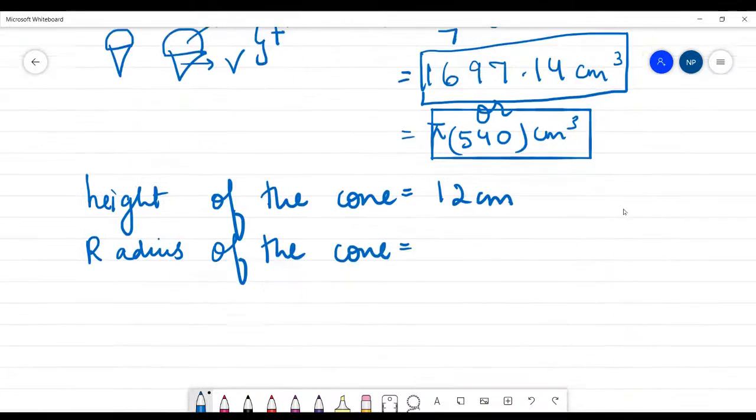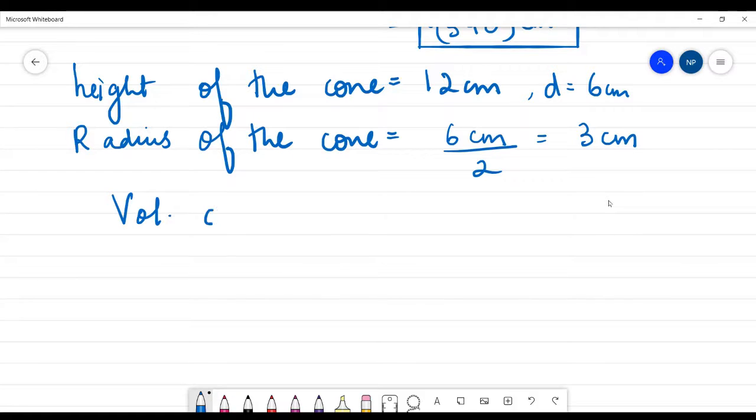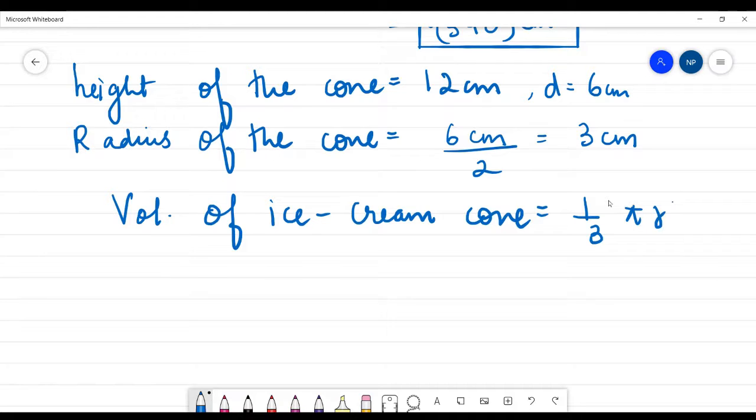Then after that we will take out height of the cone, which is given in the question as 12 centimeter. Now diameter of the cone is given as 6 centimeter, therefore radius of the cone will be 6 by 2, that is 3 centimeter. So the volume of the ice cream cone will be equal to 1 by 3 pi r square h.